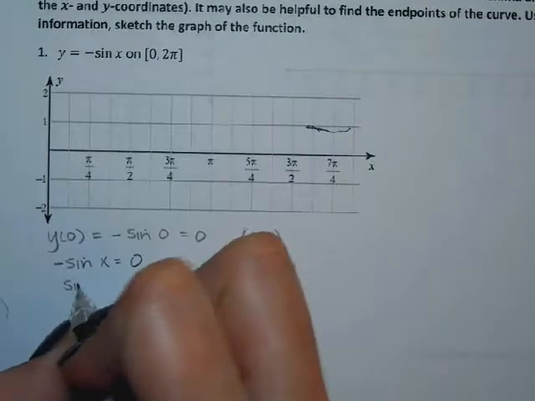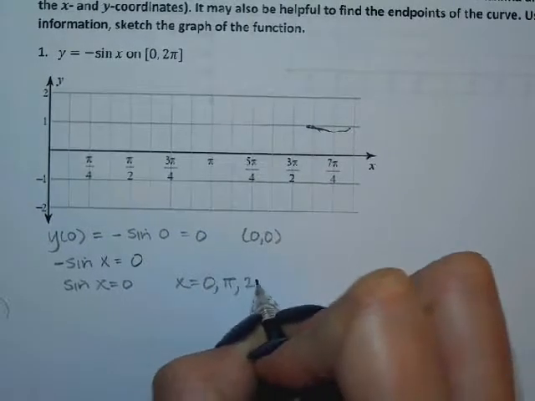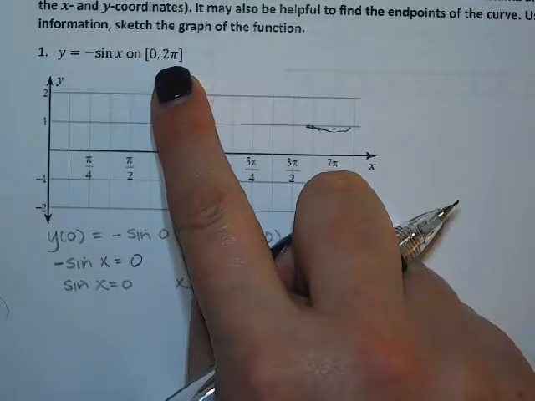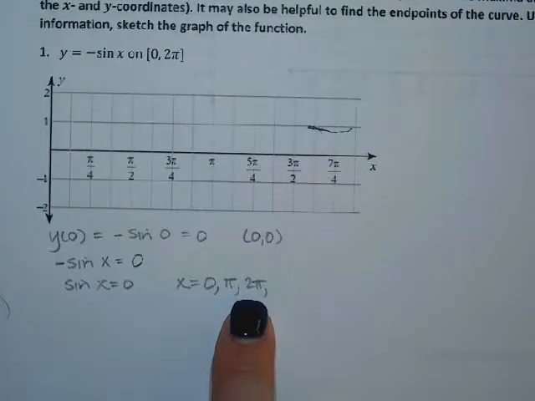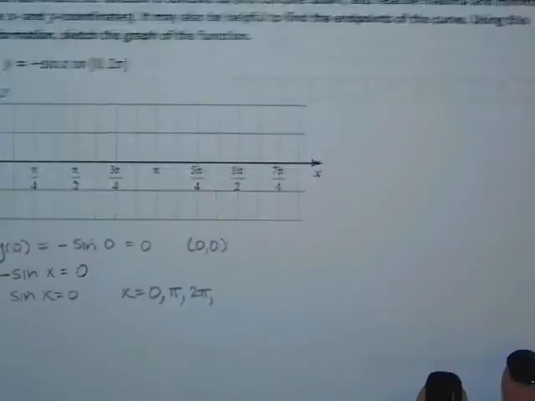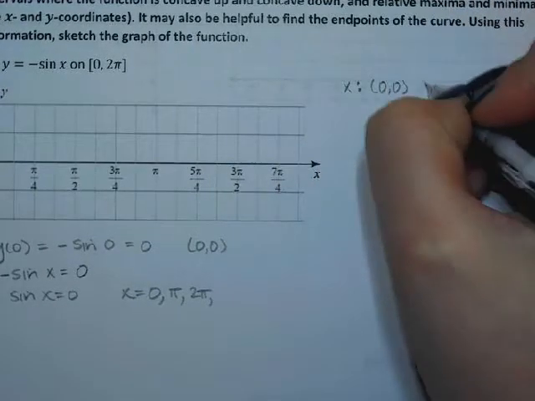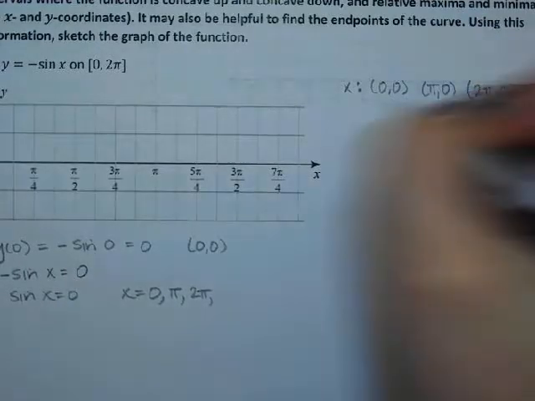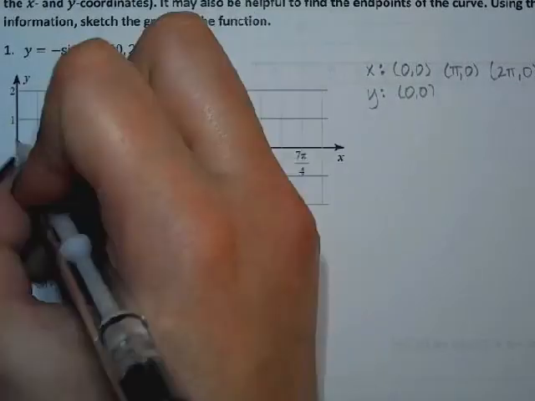So that means sine x equals 0, x equals 0, pi, 2 pi, 3 pi, 4 pi, 5 pi, 6 pi, 7 pi, all of them, except this one is telling us that we're only graphing it on the interval from 0 to 2 pi, and so we're only going to use these 3. So if I'm keeping a list, my x-intercepts are at (0, 0), (pi, 0), and (2 pi, 0). My y-intercept is just at (0, 0). I can go ahead and graph those.